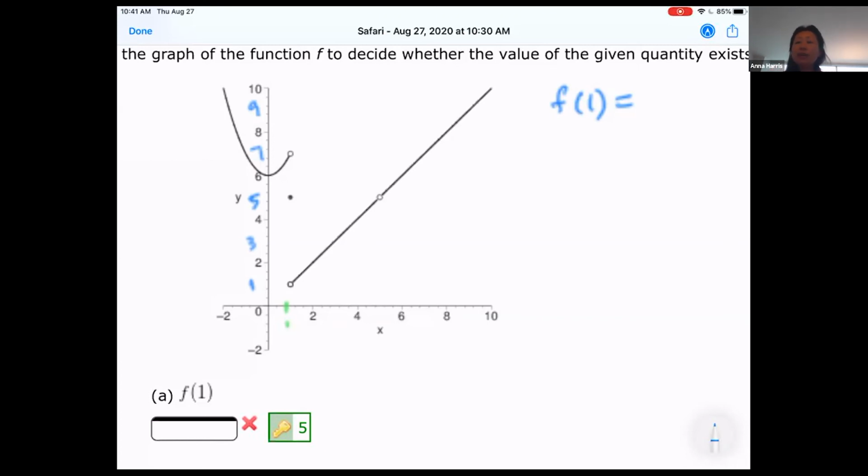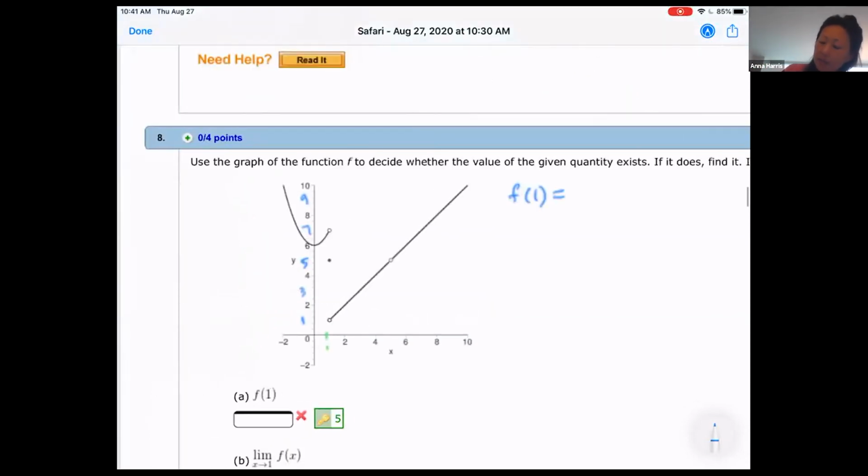Put it in your chat if you want me to look at it. Somebody tell me what that is? That's right. Davian, thank you very much. So f of 1, I'm looking at this graph.